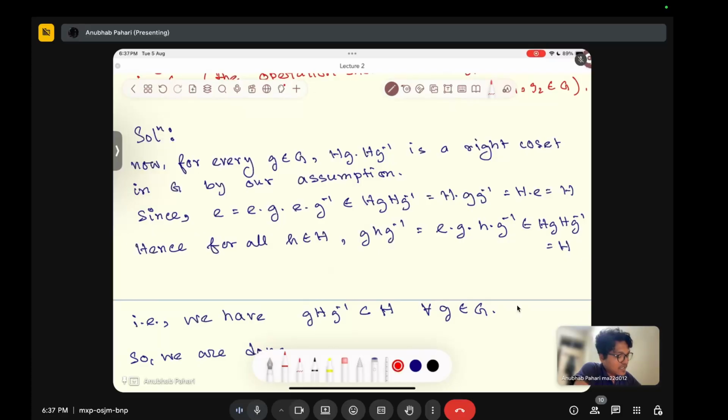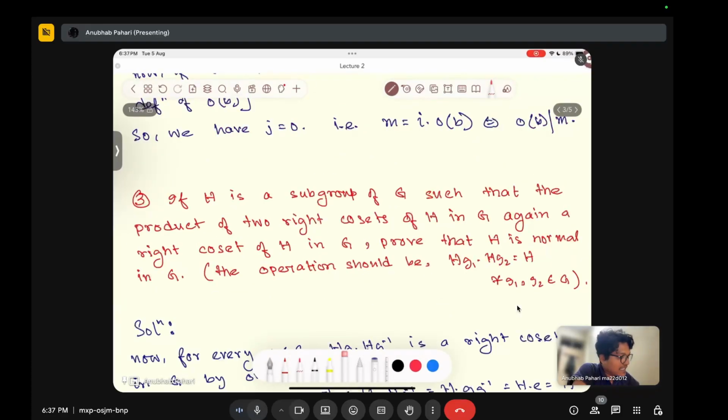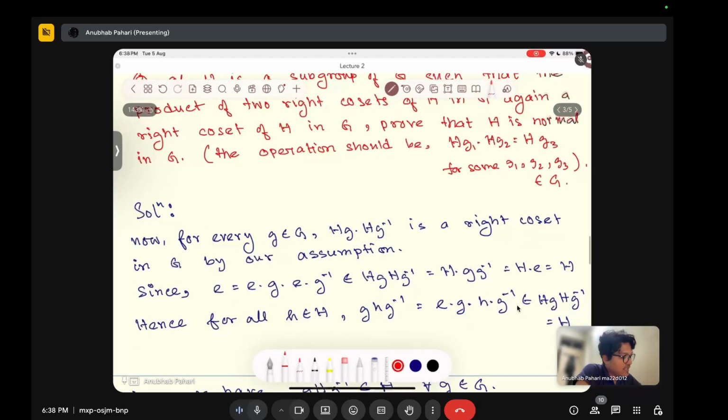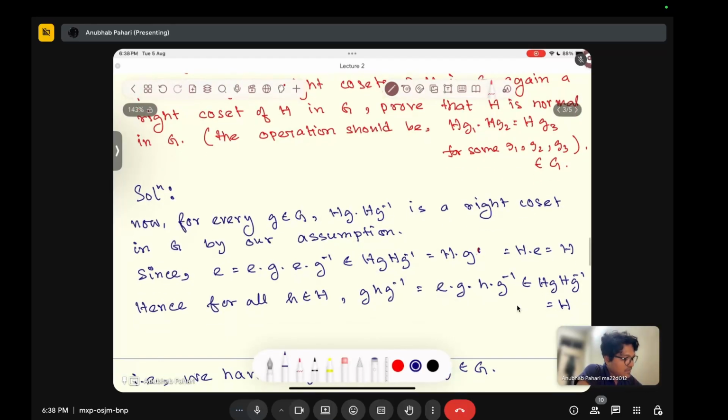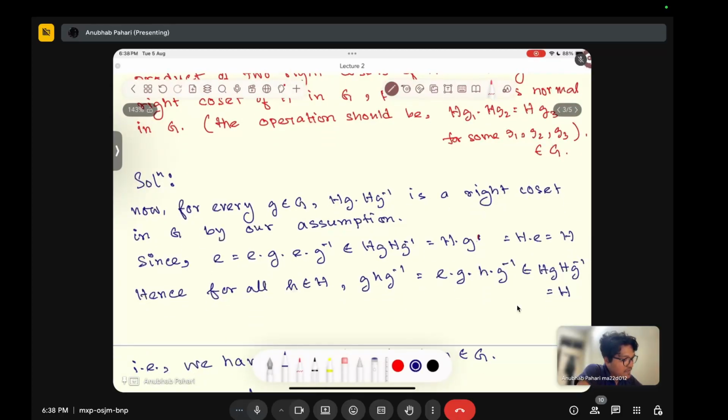Okay, you are saying that if I just take some G3, for some G1, G2, and G3 belongs to G, then from here you can show that this should be AG dashed.